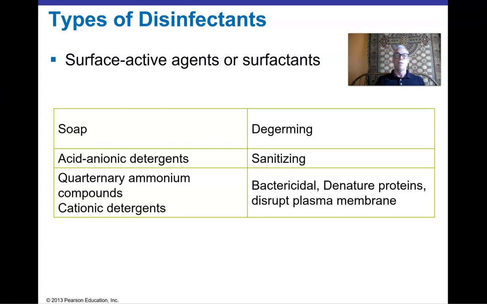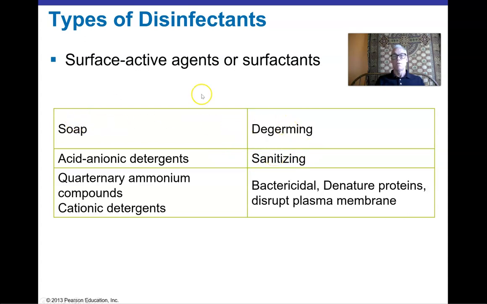Surfactants, surface acting detergents, we've already mentioned a number of them. We're just putting them in a categorization. Quaternary ammonium compounds are amines with organic groups attached, and they're pretty good at disinfection. Various acidic anionic detergents like sodium lauryl sulfate are pretty good at sanitizing, getting rid of the majority of microbes, degerming the surface.